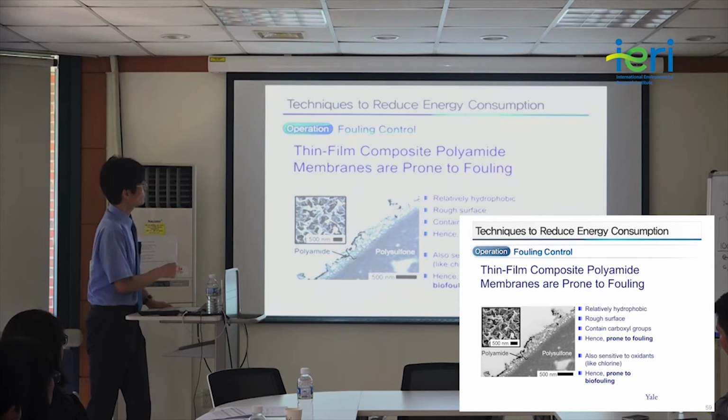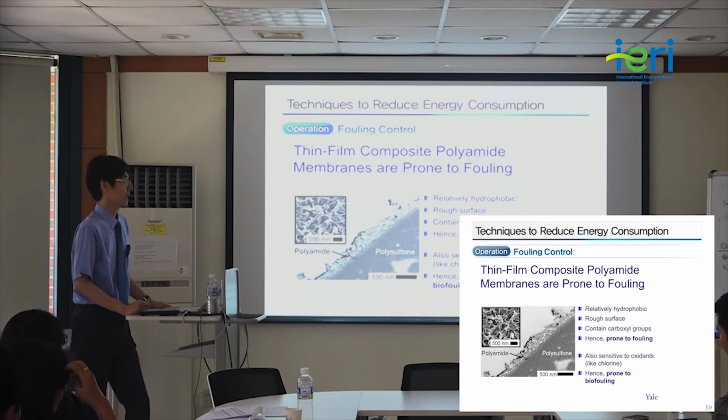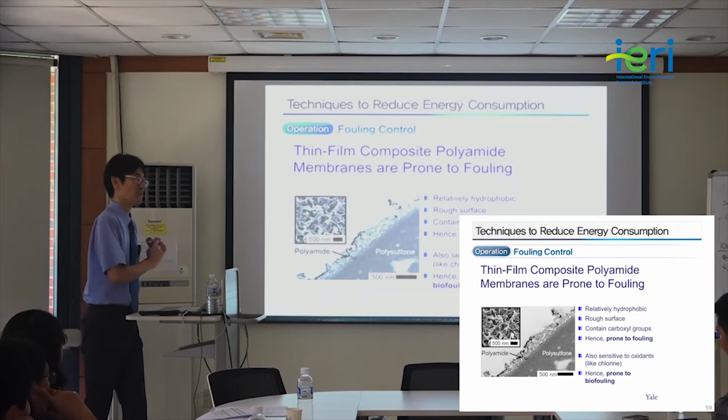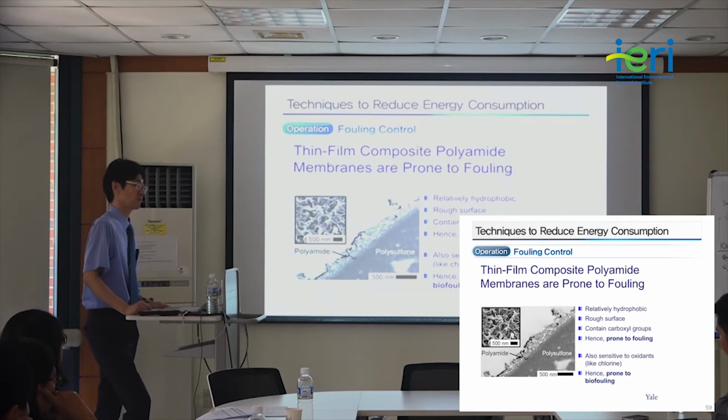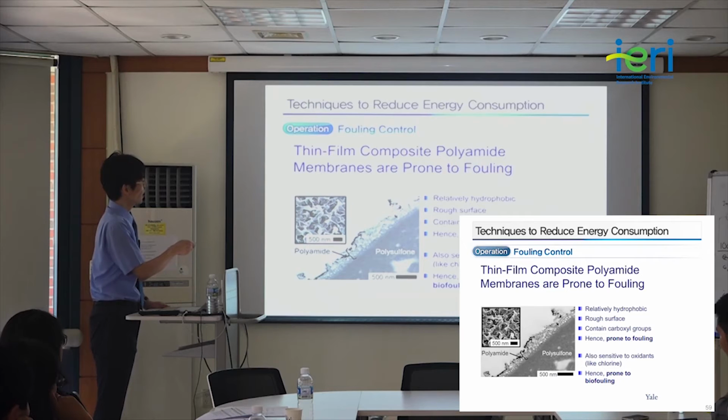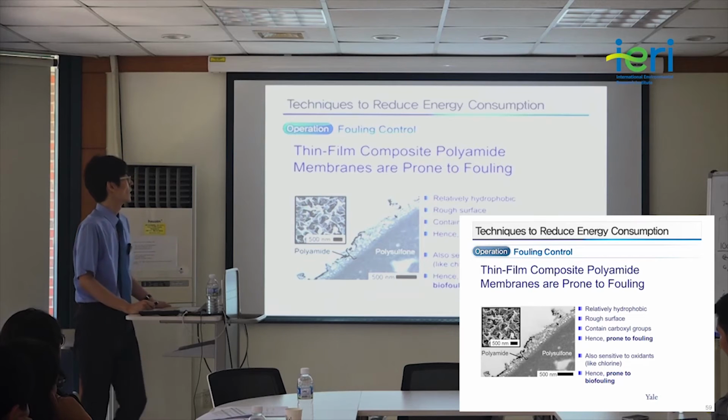And the property of this layer is relatively hydrophobic. It means that it can capture the organic matters and other foulants, other chemicals in the seawater. The surface is rough, as you can see, so it can capture this kind of pollutant here. And so it's prone to fouling.